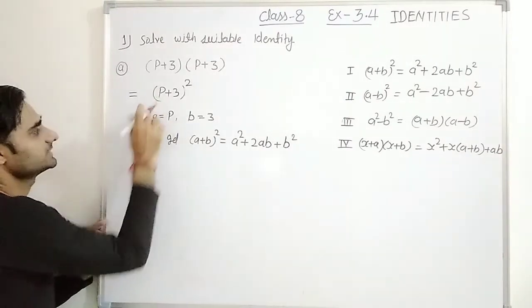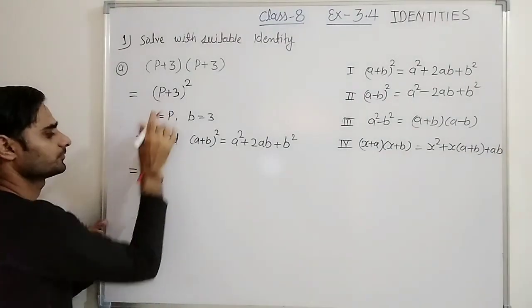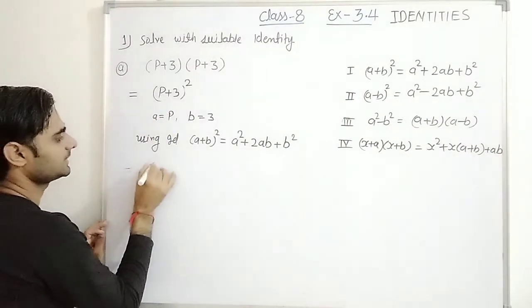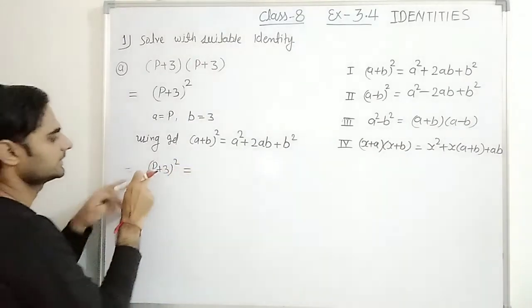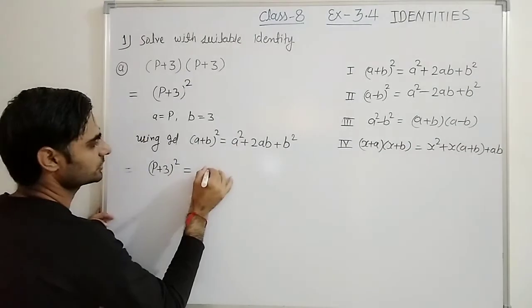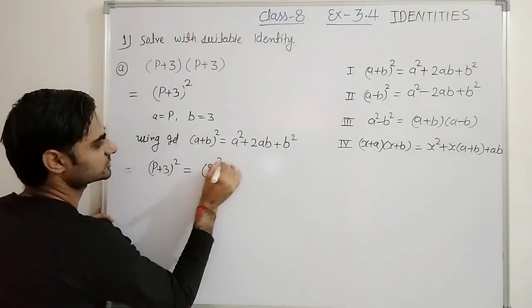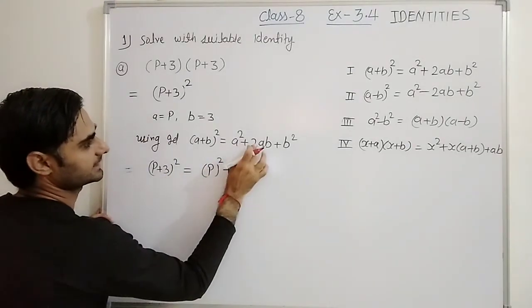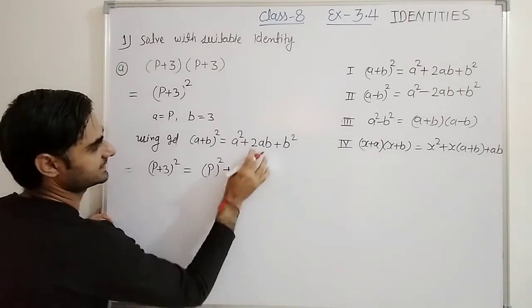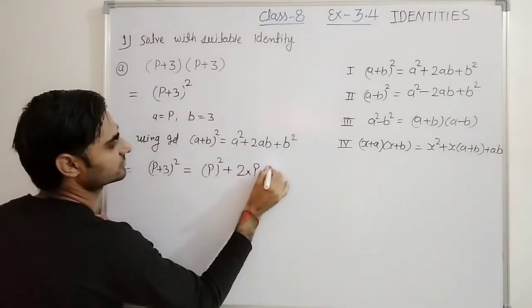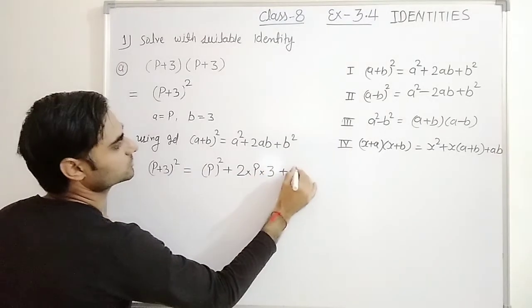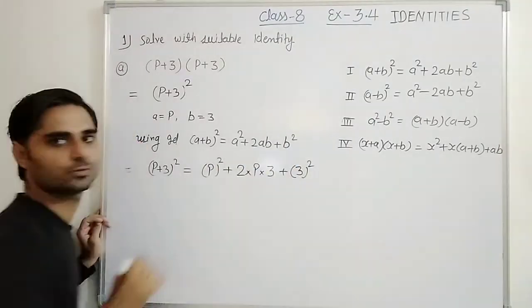Correct? So use here. What will this be? P plus 3 whole square will be equal to, a is p, right? So you can write here p square plus, what comes here? 2 as it is. a is p, b is 3, plus b square means 3 square.